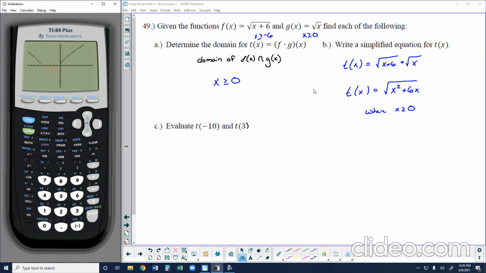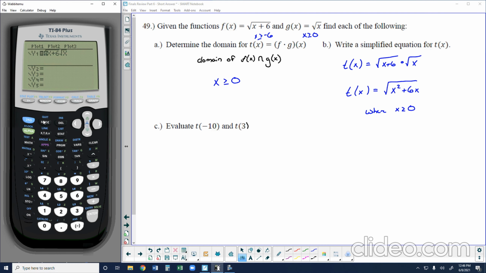But that's not actually going to satisfy the conditions that we have. If in the graphing calculator I put in the square root of x plus 6 times the square root of x, now you can see that the graph is just x greater than or equal to 0. So if we wanted to put it in the graphing calculator, we would want to use the unsimplified version of this to check the domain.